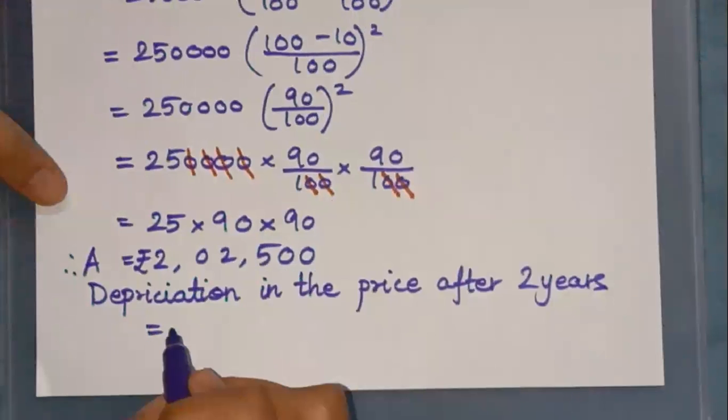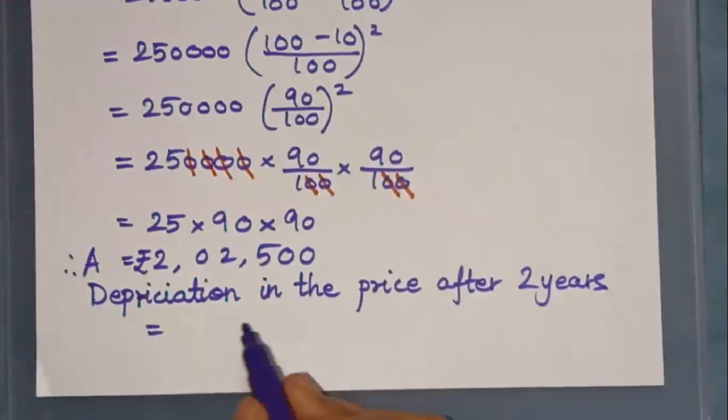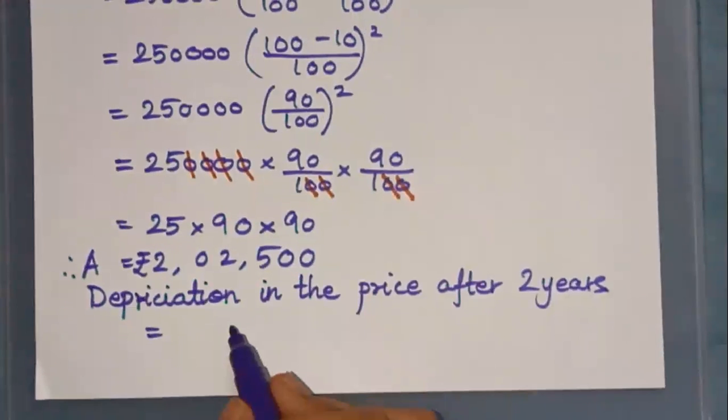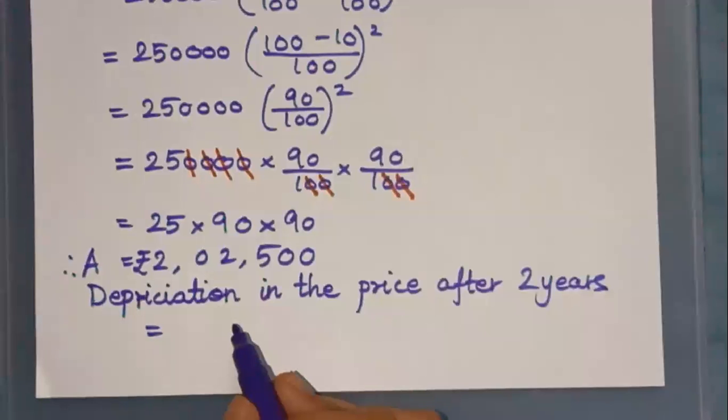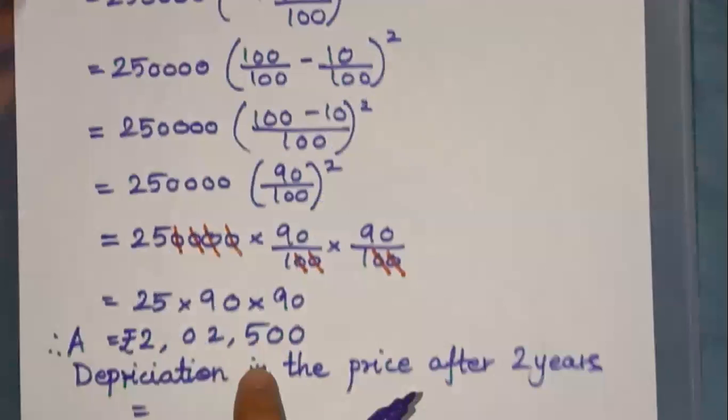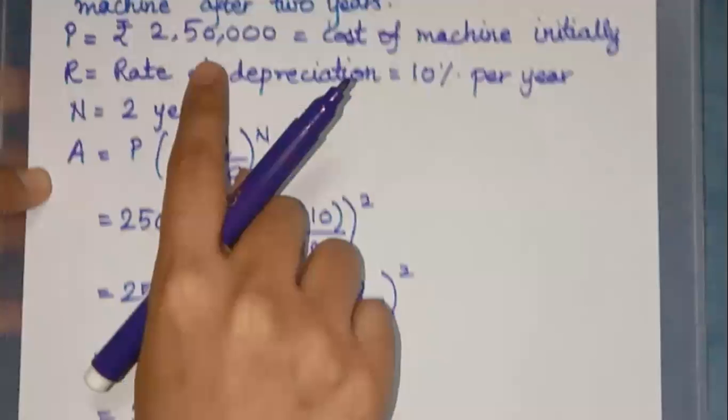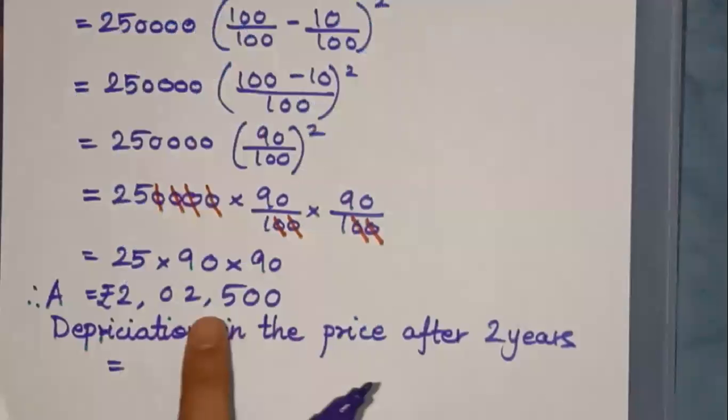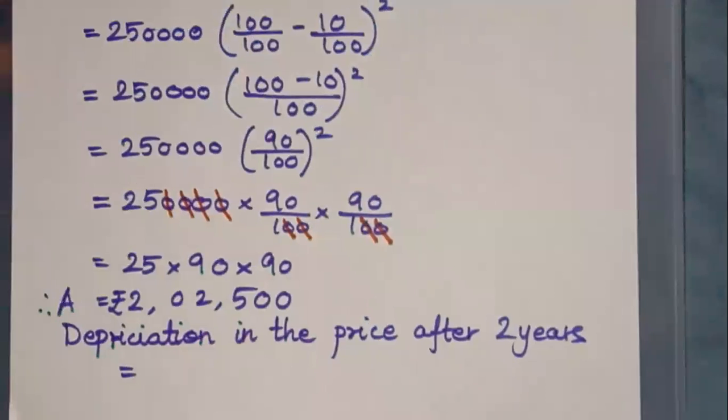Now how we will find the depreciation? Depreciation is basically the change in between the principal and the amount. So in order to find the change in between the principal and the amount, you will subtract.